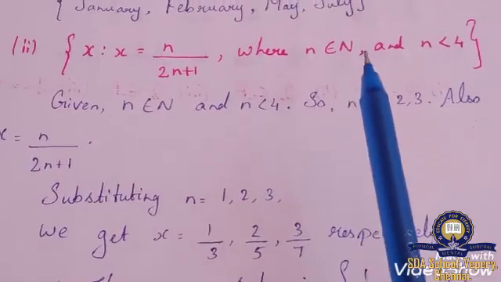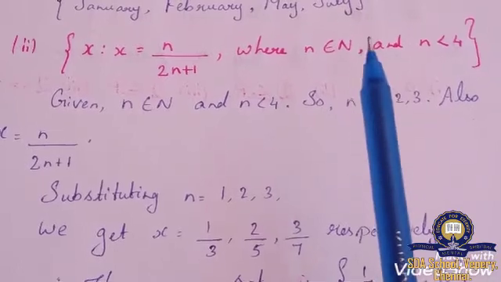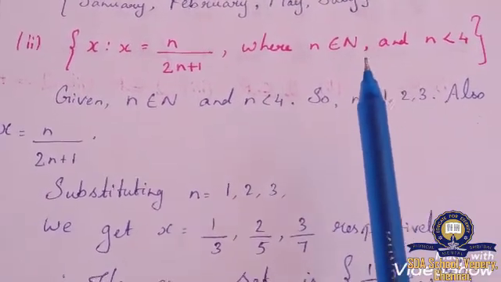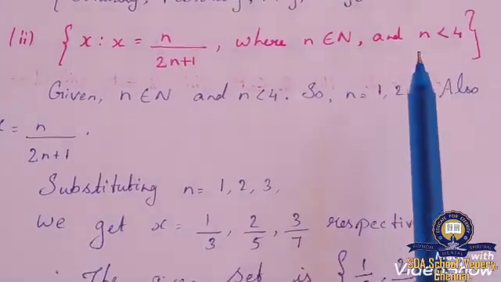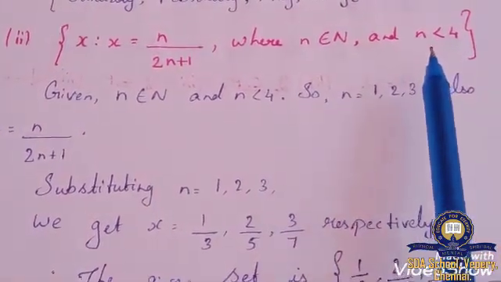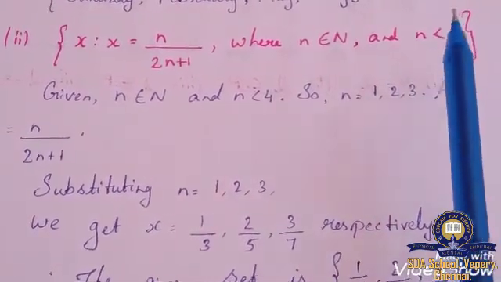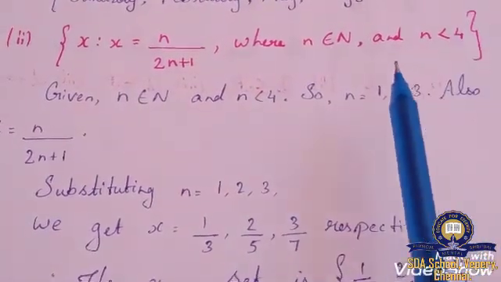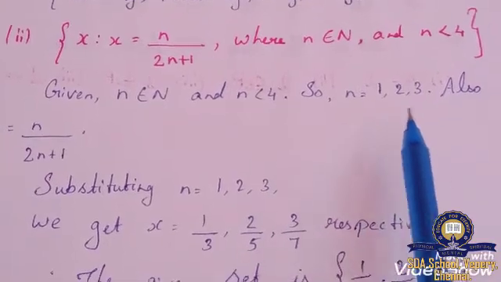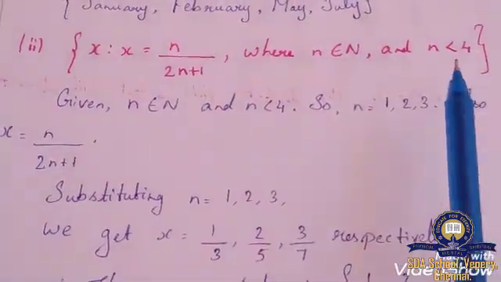N denotes the natural numbers, so the natural numbers are 1, 2, 3, 4, etc. They also gave the condition that n is less than 4, so it is not equal to or greater. So we consider n as 1, 2, 3, not 4.